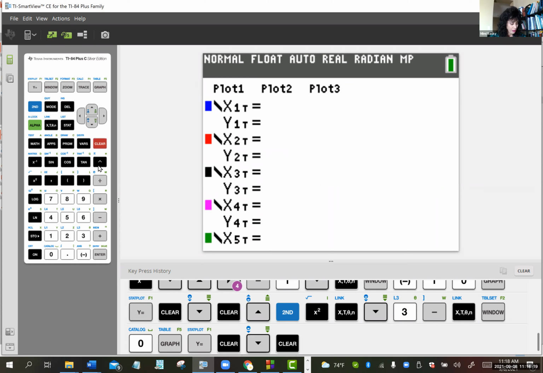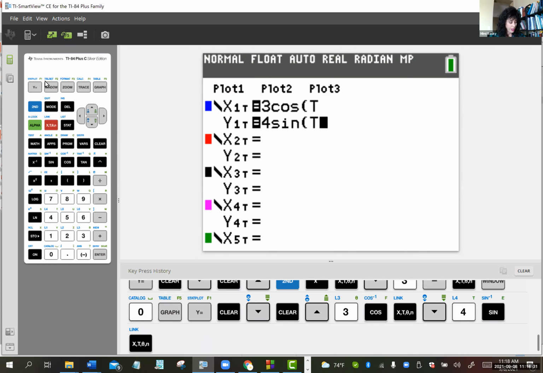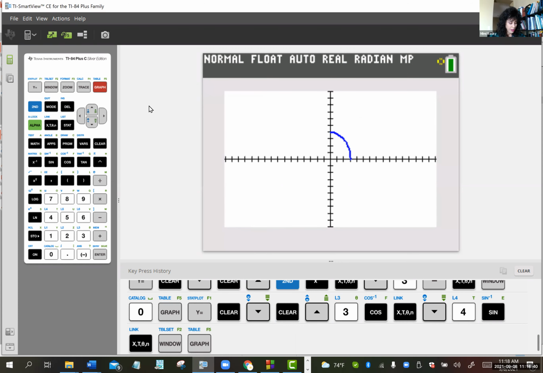What do we got here? 3 cos t, 4 sine t. Okay, go to your window. I think 0 to 2 pi is good. Do a graph. Woo! And it is an ellipse. Oh yeah, this is not a circle. This is an ellipse this time.